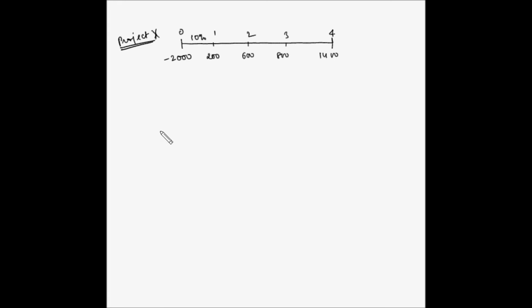Now we know that MIRR is the rate at which the present value of the cash outflows will become equal to the present value of the terminal value of the cash inflows.